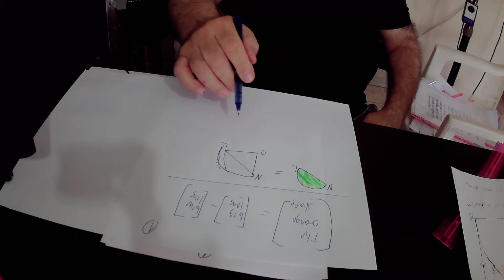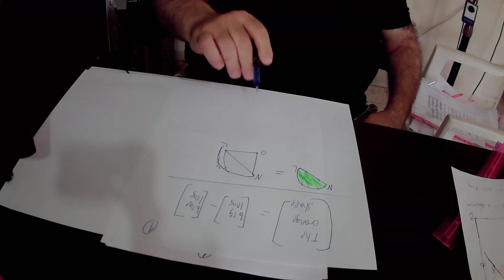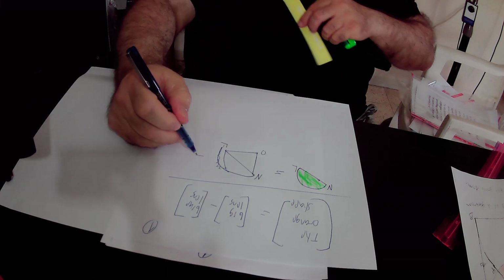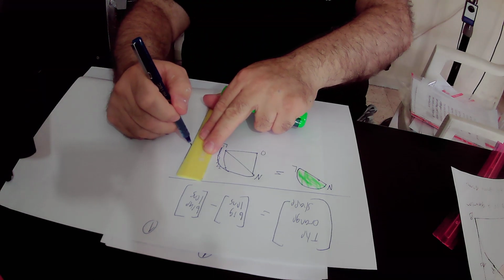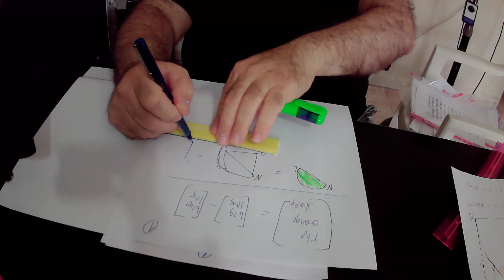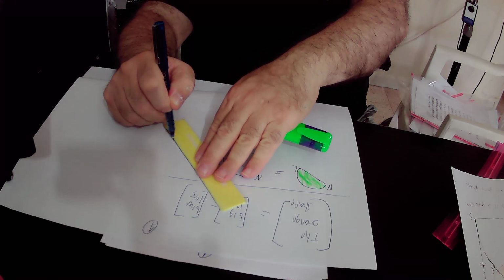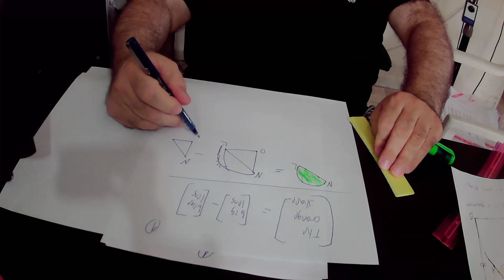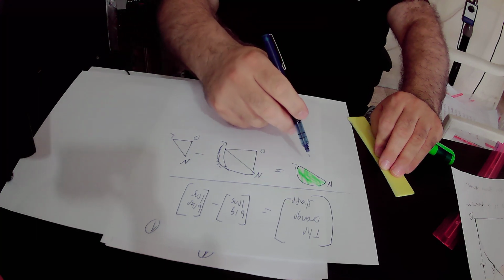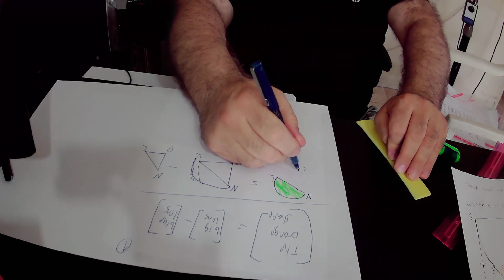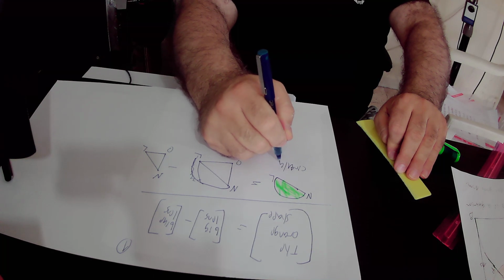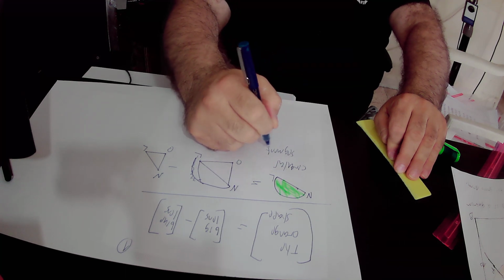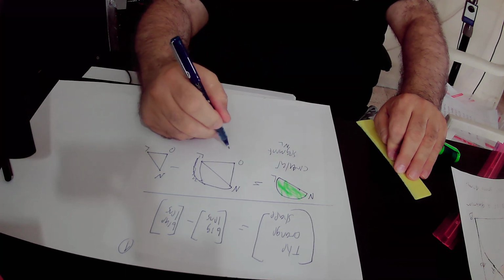So we subtract the area of triangle NOL from the area of sector NOL. This is triangle NOL, and when we subtract the two areas from each other, it will give us exactly the area of circular segment NL. This is sector NOL.